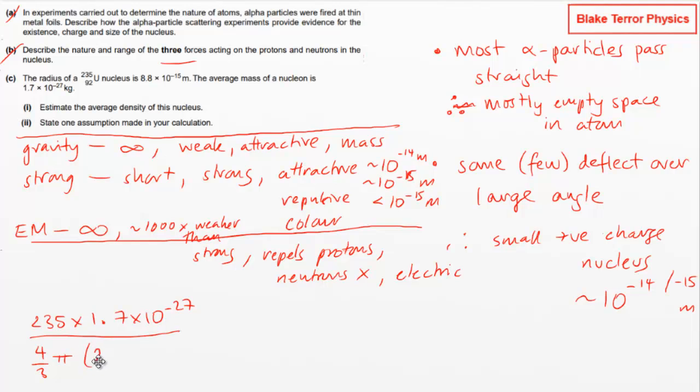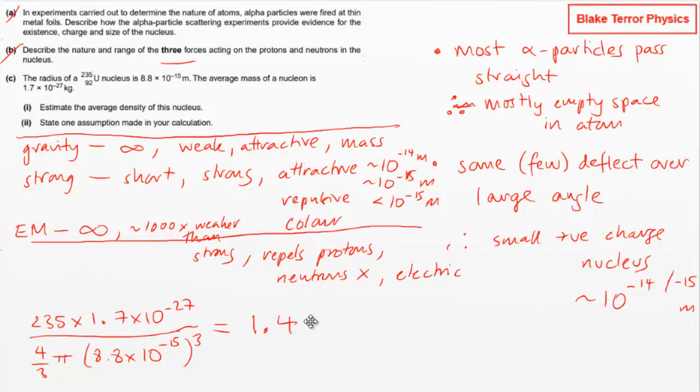They say r was 8.8 times 10 to the minus 15. Don't forget to cube that. Quite a lot to type into the calculator, so this is going to take me a little while. 4 and then pi, 8.8, 10 to the minus 15 cubed.